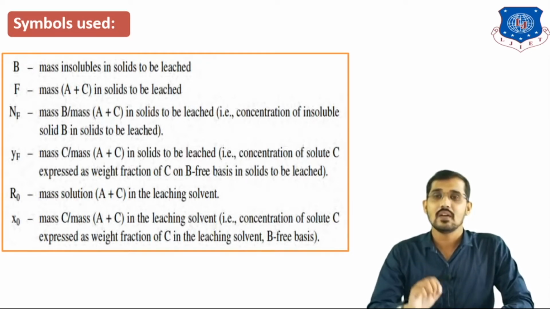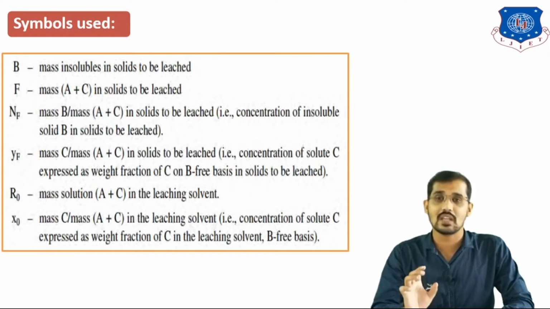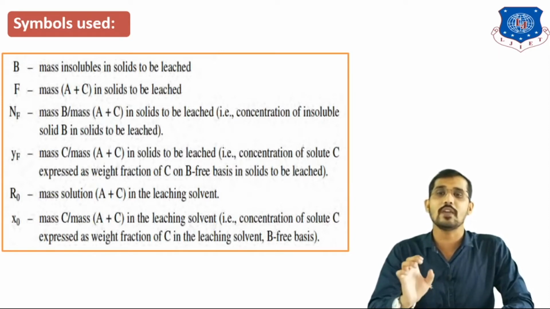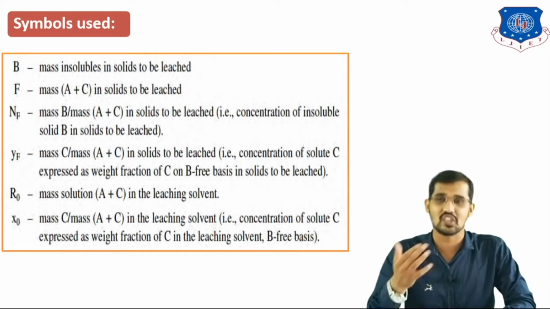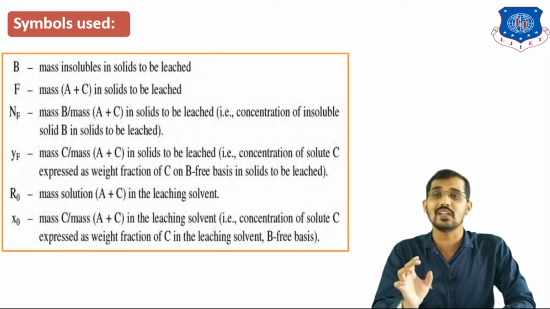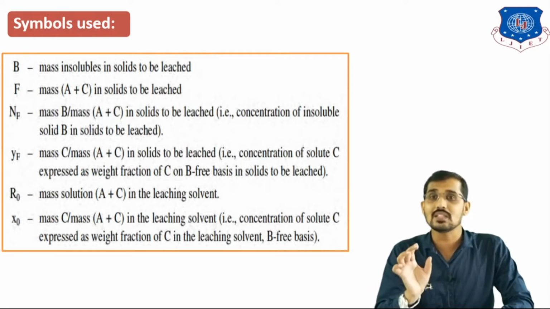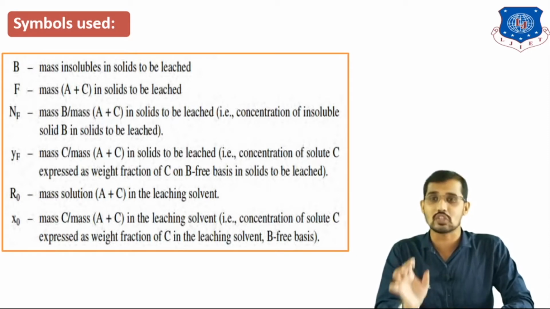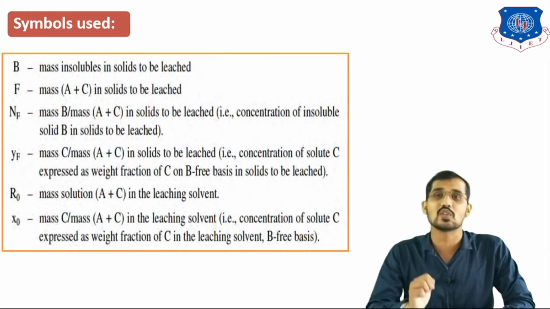After that, NF is the mole fraction, or I can say mass fraction here. So mass of B divided by mass of A plus C in the solid to be leached means this is related to the feed stream. Mass of B is the insoluble part. Capital B is the mass of the insoluble and NF is the mass fraction of the insoluble.